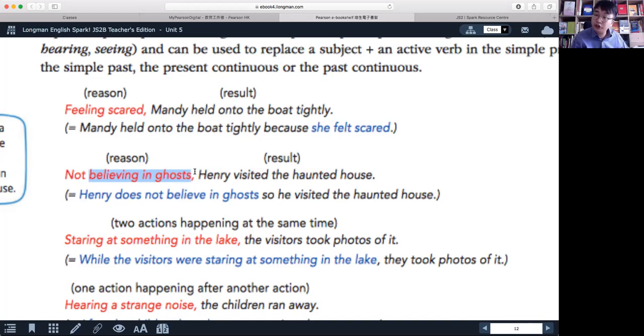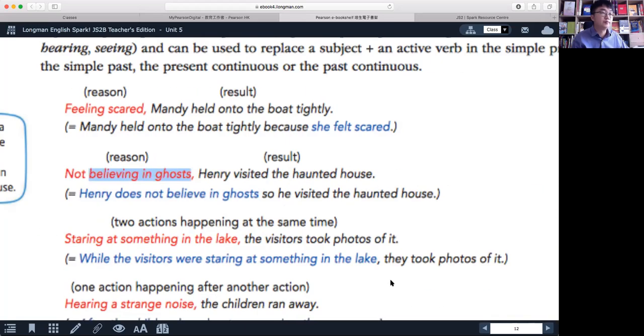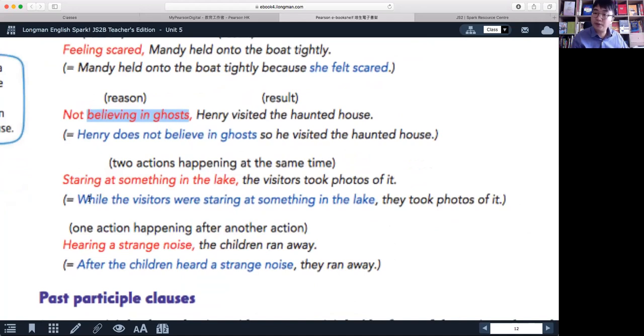Cause and effect relationship is the first purpose of using participle clause. So what is the second purpose? Look at here, the third example. While, or we can use when. While the visitors were staring at something in the lake, comma, they took photos of it. We do not see a cause and effect relationship here.